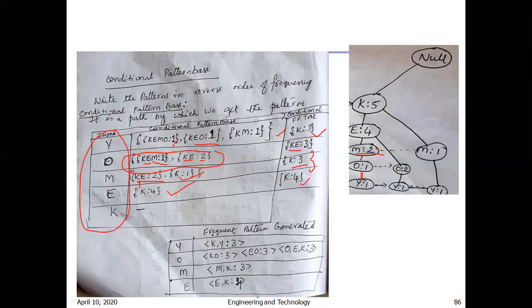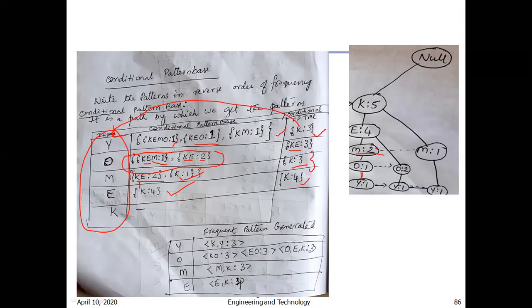Now next is how we can generate the frequent patterns. First we need to write all the possible sets from this, and their frequency to reach Y. So now Y, how can I reach? K and Y 3 times.